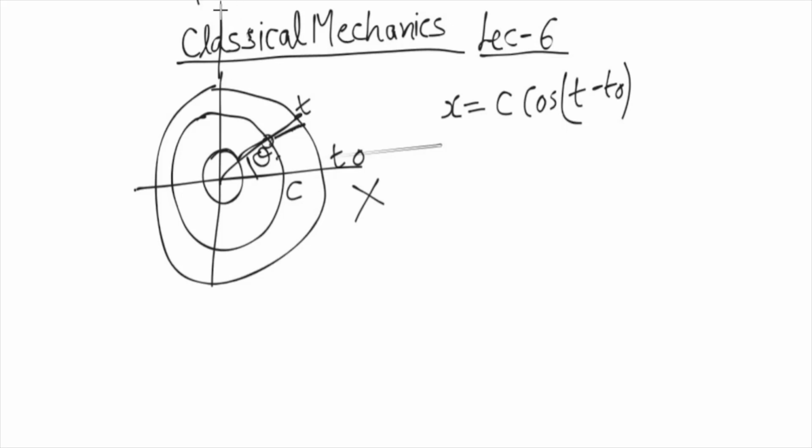And what is p or x dot? It is equal to minus c sin(t minus t naught).